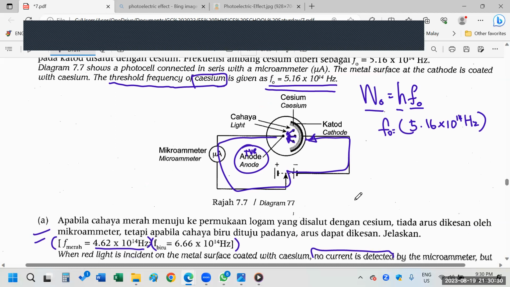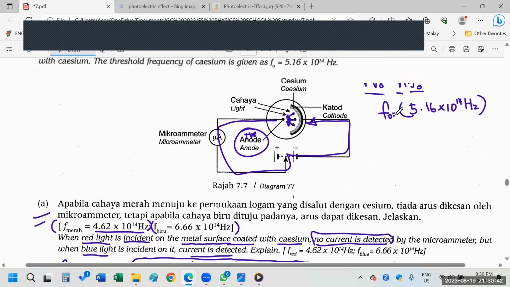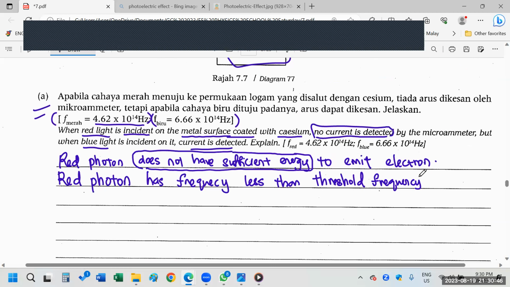Threshold frequency means minimum energy needed, minimum frequency needed. So 4.62 is less than 5.16. Less than means the work function is not enough.